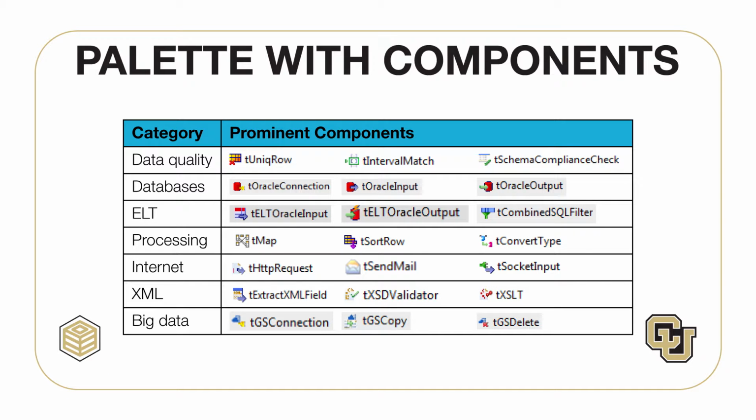This table shows icons for components of selected categories of Talend components. Each icon contains a short text description to clarify the meaning of the component. Each component has an associated property window for specifying its property values after it is placed on the canvas.